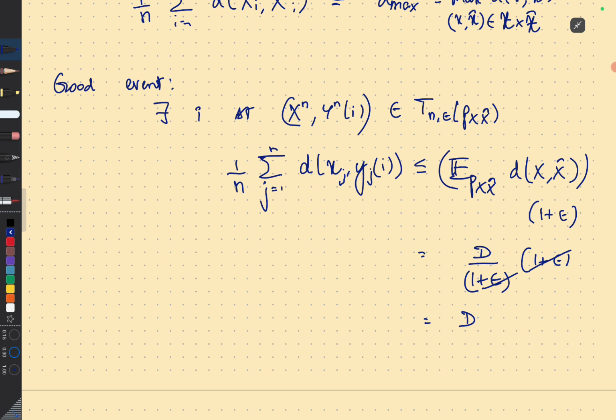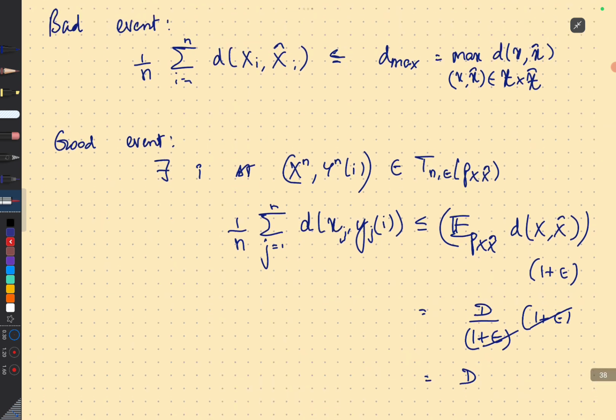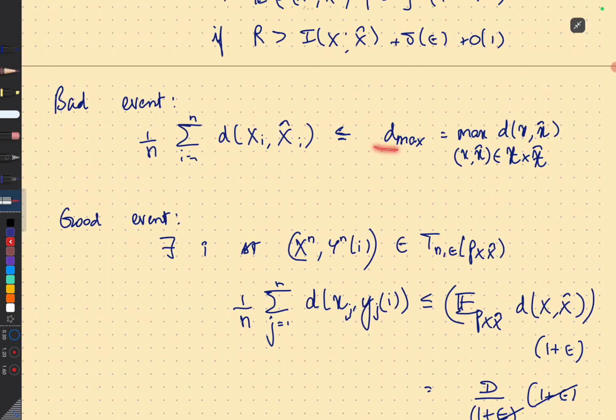So if there is at least one code word which is jointly typical with x^n, then it means that you are going to achieve a distortion that is less than or equal to D. That's why I call this the good event. If there was no such thing, then you will end up with a distortion that could be as large as d max.